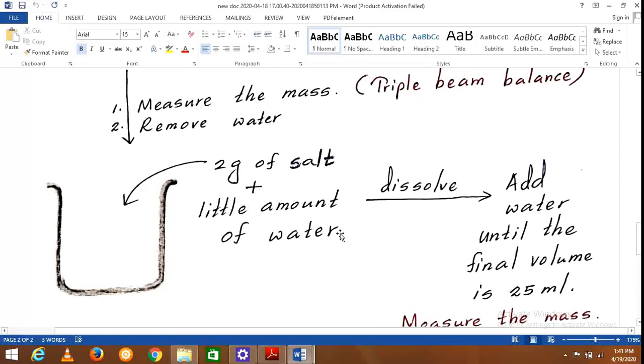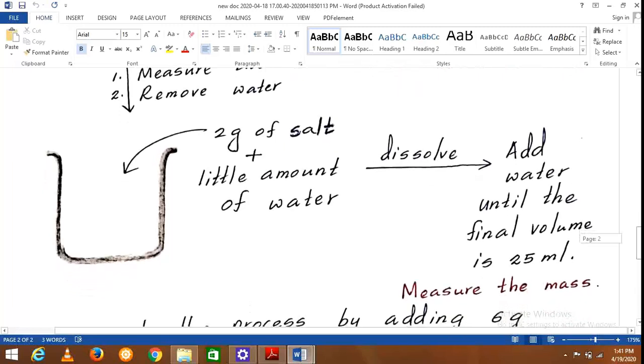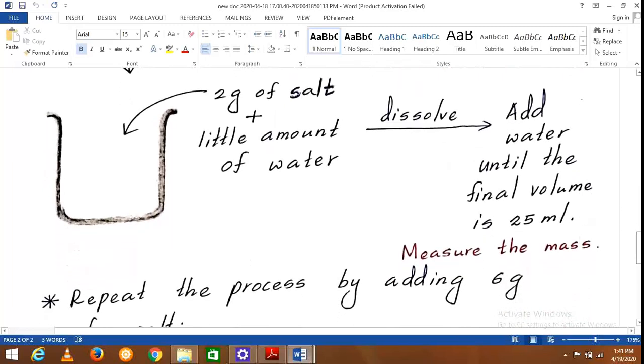It should be less than 25 milliliters and you dissolve all salt well, and after that you have to add water until the final volume is 25 milliliters.